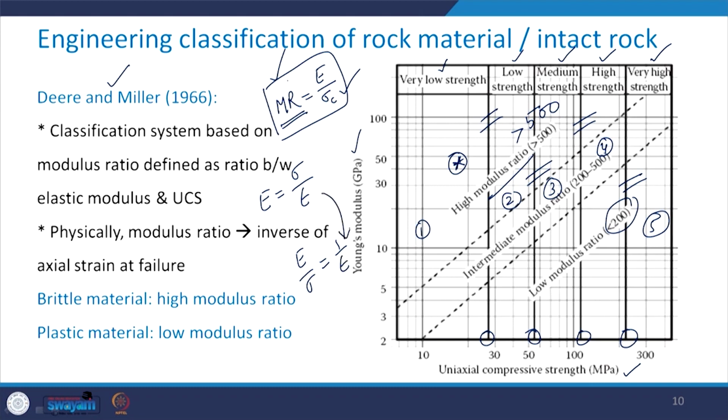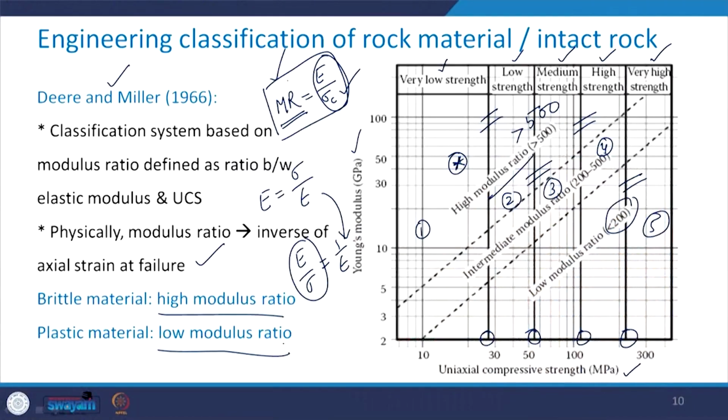So, physically compare this quantity with this modulus ratio. It is one and the same thing, modulus of elasticity divided by the stress. So, physically this represents the inverse of the axial strain at failure. Okay. A brittle material will always have a high modulus ratio, and a plastic or ductile material will have a low modulus ratio. Point to be noted here.